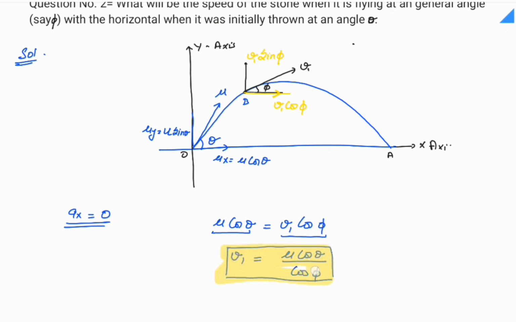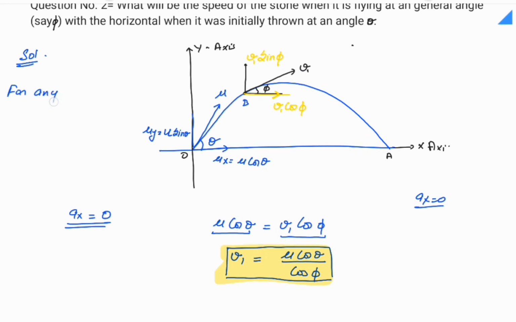This is a very good question. Just remember how to solve it. We know a x, the acceleration in the horizontal direction, is 0, and the horizontal component of the velocity at every point in a projectile will have the same value.